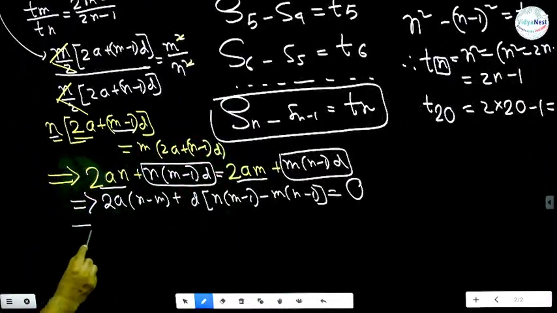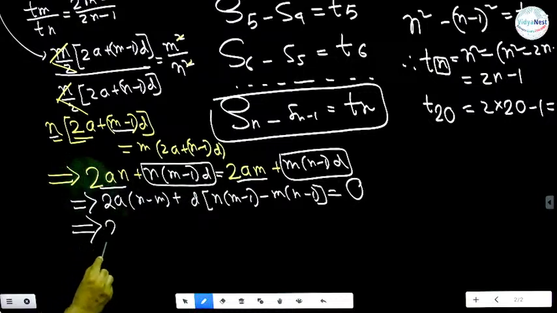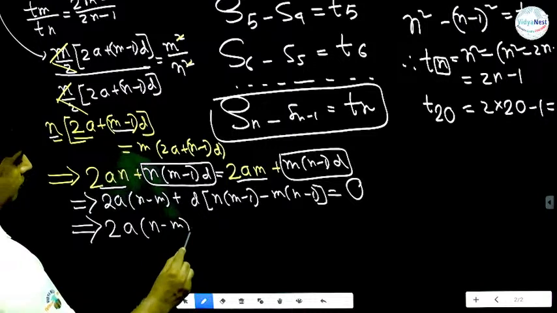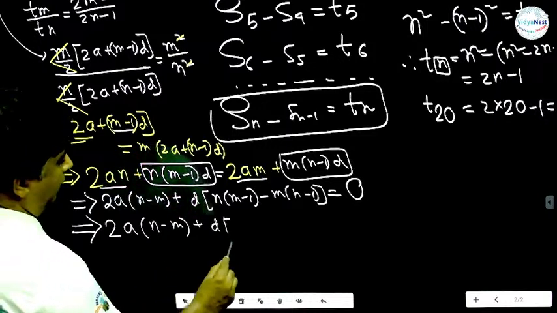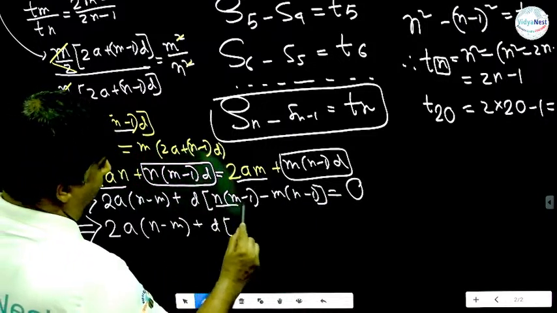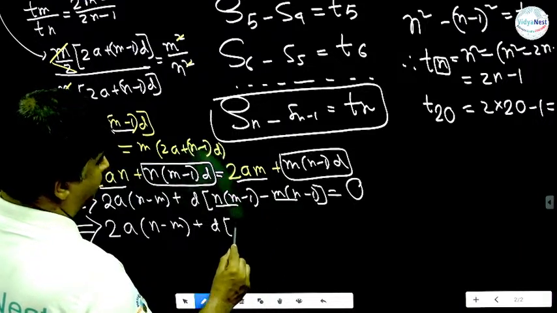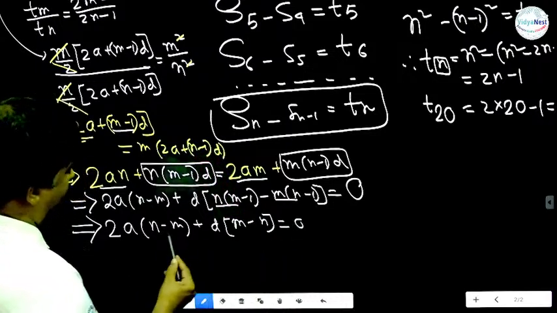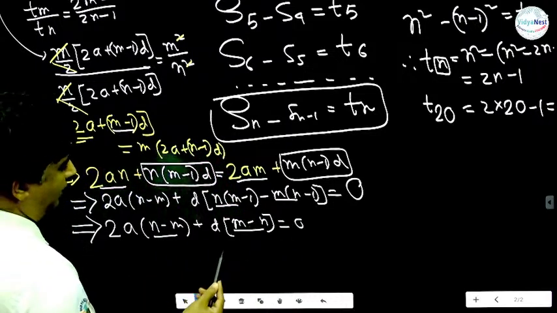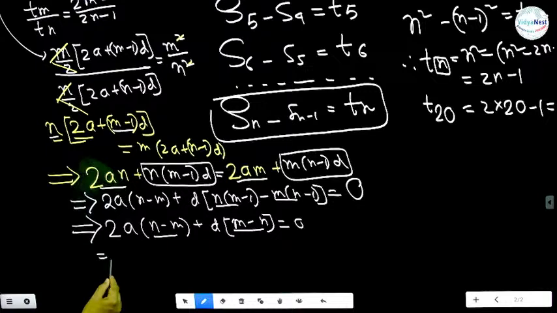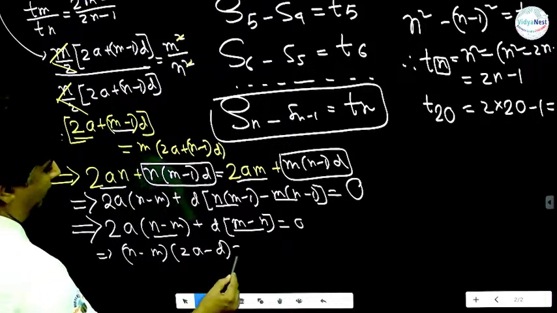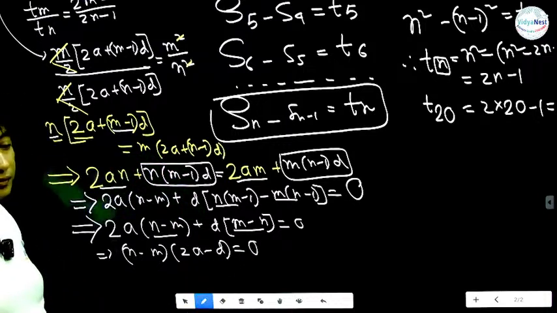So you remove the brackets, nm will get cancelled, you will get m minus n. Here n minus m, m minus n, I can take n minus m common. What will be left in the bracket? 2a minus d is equal to 0.